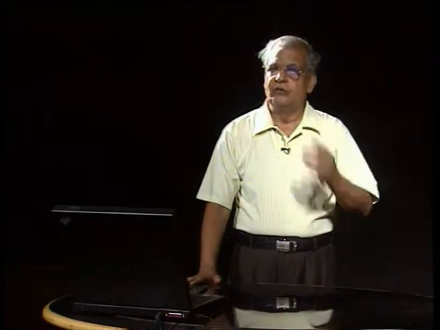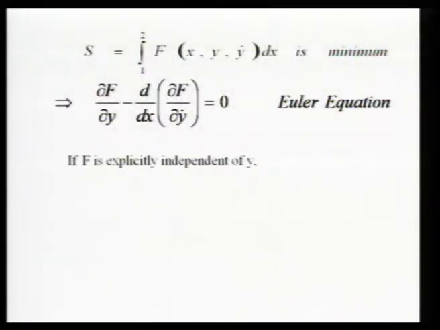The first was the problem of Brachistochrone. The second was the problem of minimum surface of revolution. For that, we want to simplify this equation a little bit. Observe that if f is independent of y, then delta f by delta y would be 0.